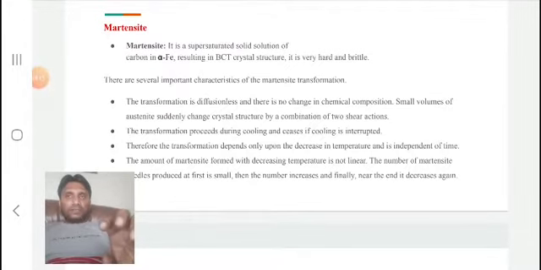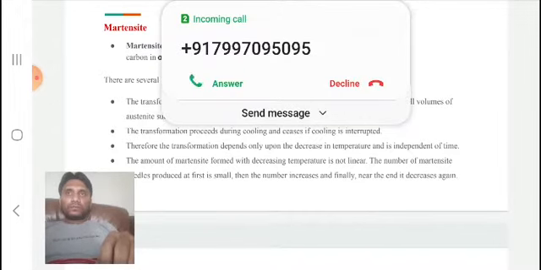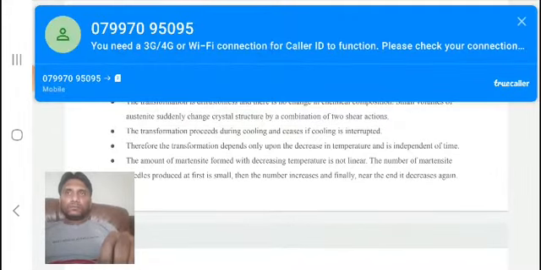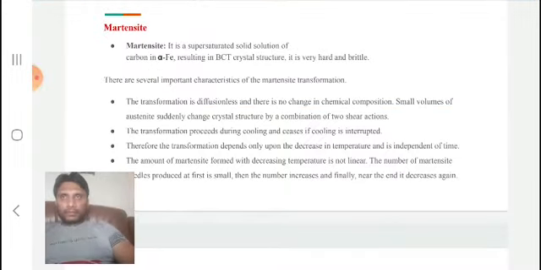If I cool it with some particular cooling rate, a slow cooling rate gives low martensite formation, and higher cooling rates give higher martensite formation, but that is not the criterion.